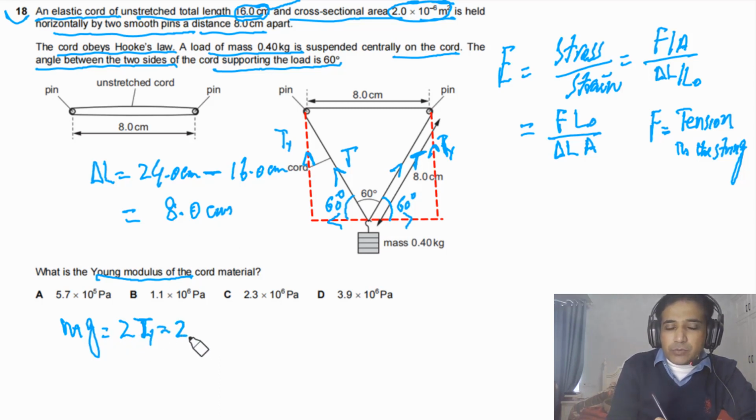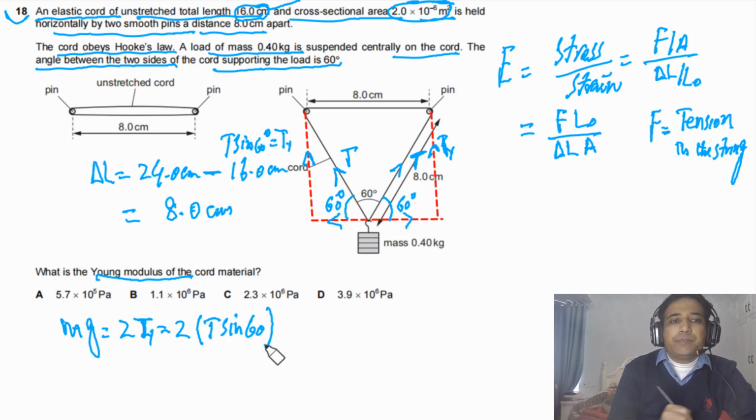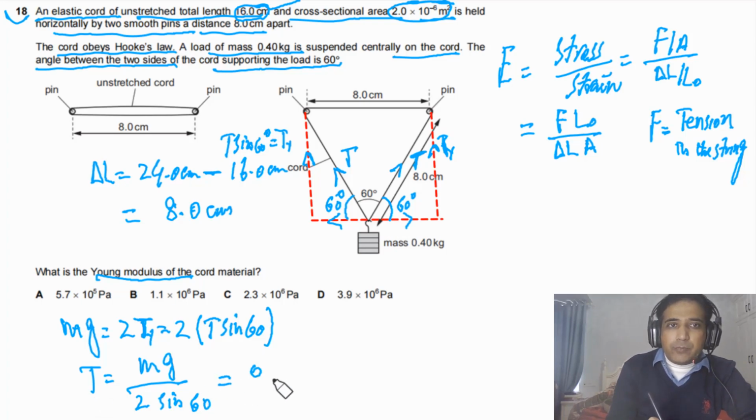But Ty is equal to T sine of this angle, that is 60 degrees. So we can say 2 times T sine of 60 degrees. We need to find out value of T, so T will be equal to mg divided by 2 sine of 60 degrees. Now simply we need to plug in values. We have value of mass, that is equal to 0.40, then we have value of g, that is equal to 9.81.